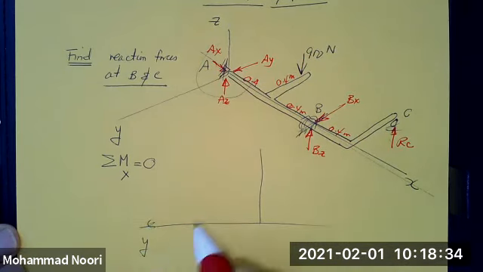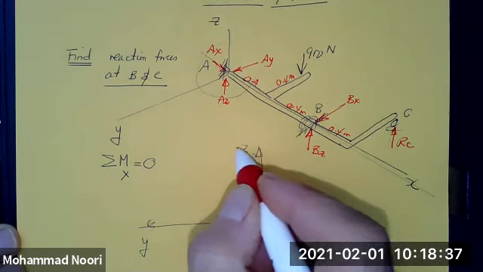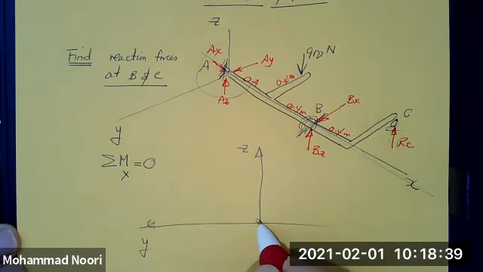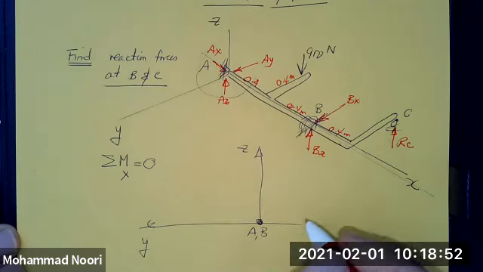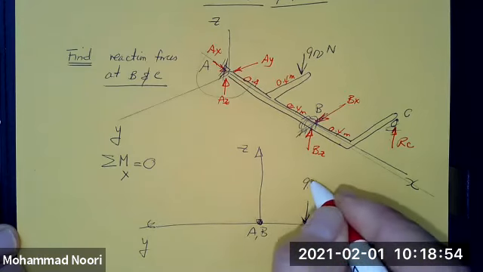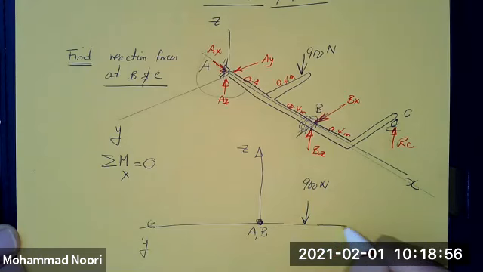This is y, this is z, and this is x-axis that is coming out of this plane perpendicular to this. That is, A and B will be seen at one point here. Now this is the x-axis. So the forces that I have, this one, the known force, and this one, the unknown that I want to find at a distance of 0.6.